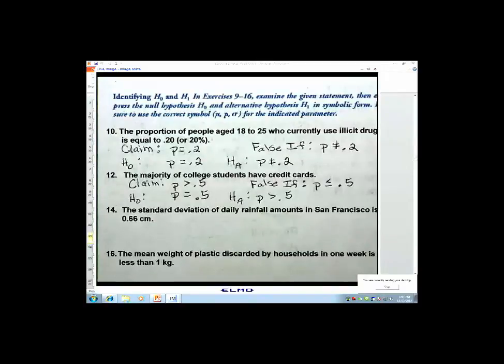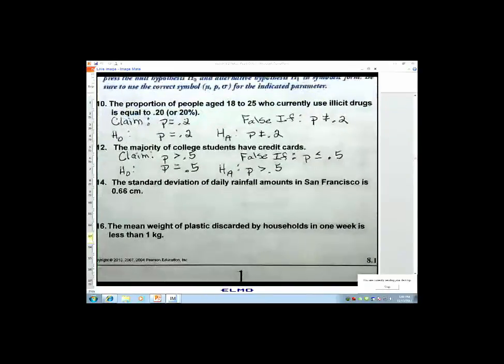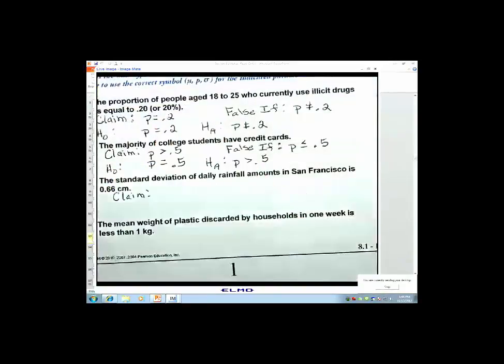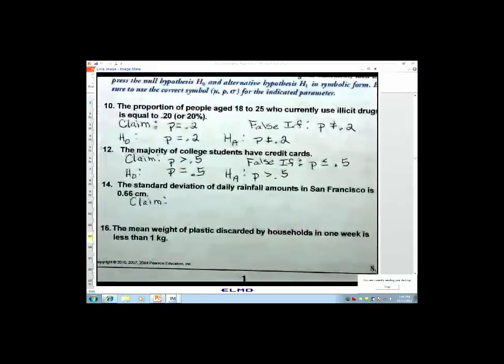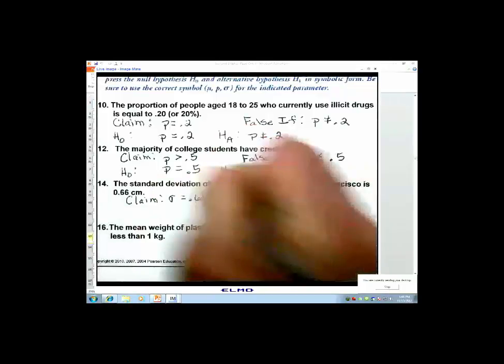All right, number 14 says the standard deviation of daily rainfall amounts in San Francisco is 0.66 centimeters. What's the claim? It says standard deviation, so sigma equals 0.66. And that's false if what?